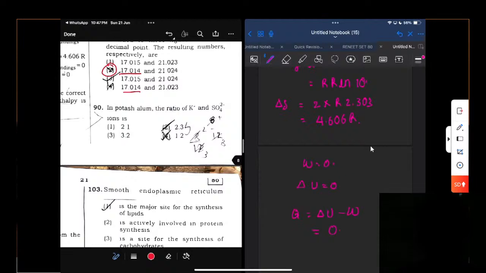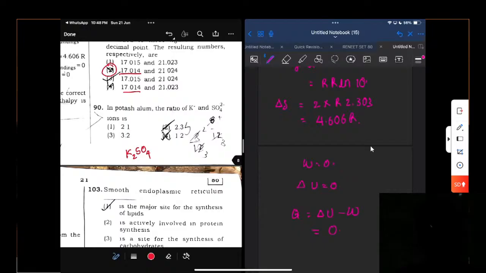In potash alum, what is the ratio of K plus and SO4 2 minus? It's not just K2SO4. Next, aluminium sulfate will also be there with that.